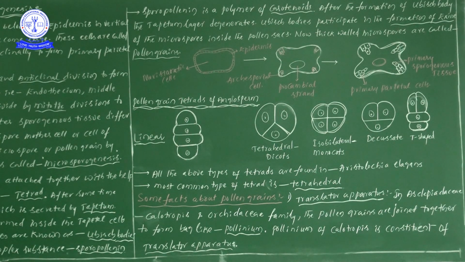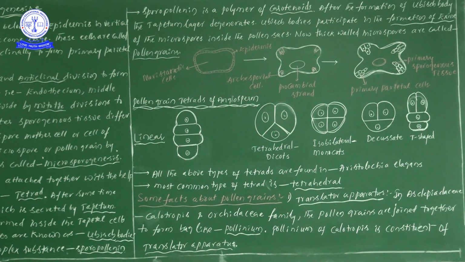Linear tetrad arrangement. But what are the main important points we have to discuss under this one? All the above types of tetrads are found in Aristolochia elegans, with Aristolochia as the genus and elegans as the species name. In Aristolochia elegans we are observing 5 types now.